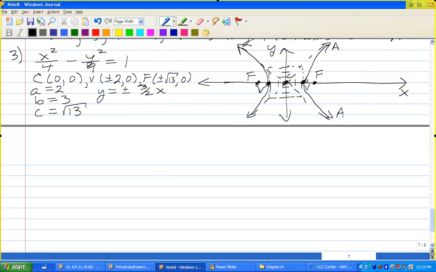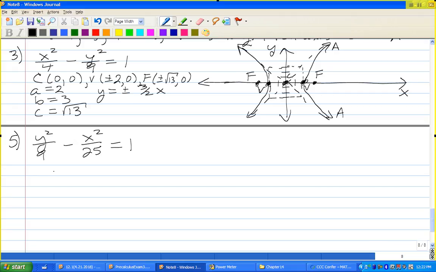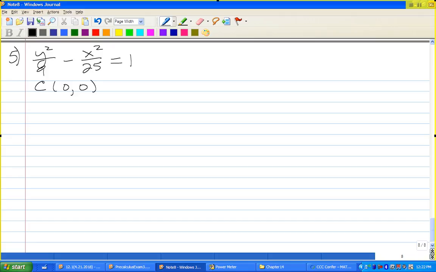5. y squared over 9 minus x squared over 25 equals 1. So the center is at the origin. A is 5.